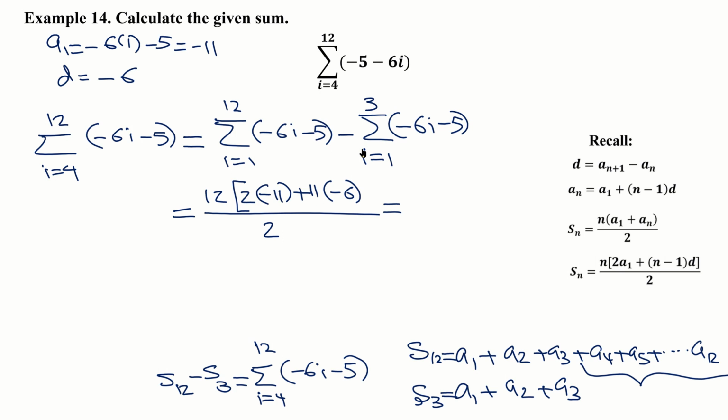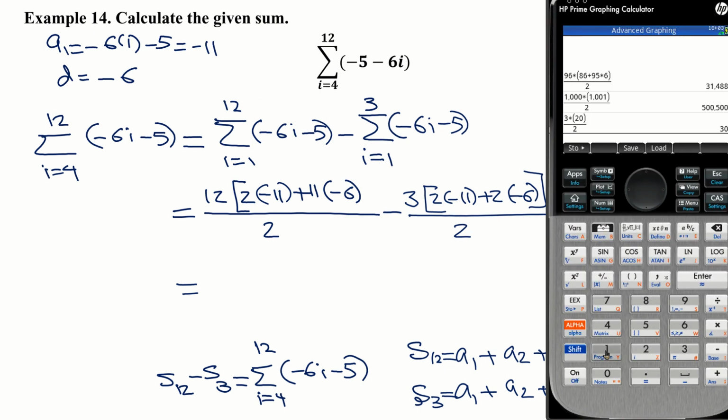I need to subtract from that. Now I'm using n equals 3, so 3 times 2 times A1, so 2 times negative 11, plus 3 minus 1 is 2, so 2 times the common difference, which is negative 6. And then we divide that by 2 as well. So we handle that subtraction and we will be done.